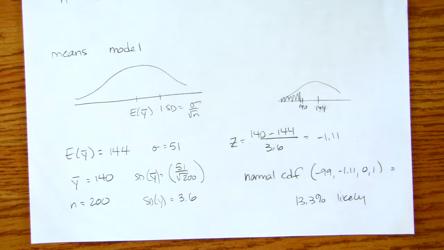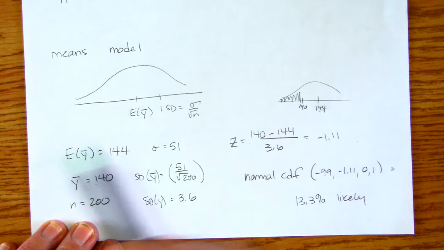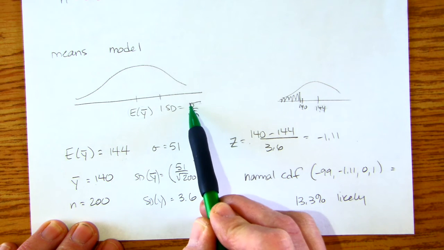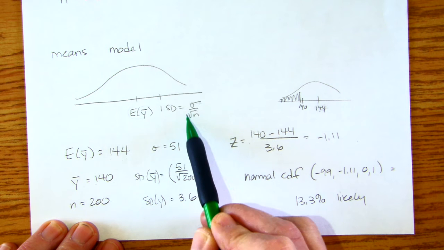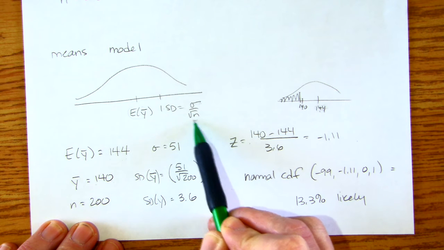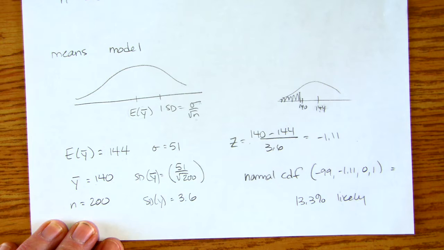If you think about it, if you could collect the weights of every 18-year-old female in the country, there would be a lot of variability. If you go out and take samples and take the mean of those samples and then plot all those means, there's going to be less variation. So that's why I take the population standard deviation and divide by the square root of your sample size.